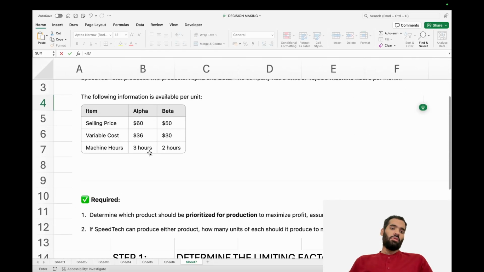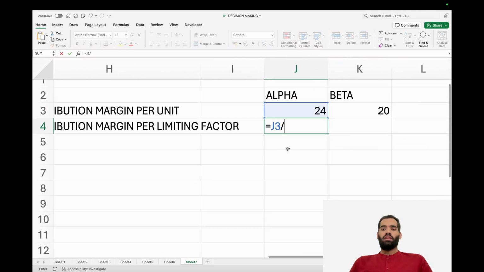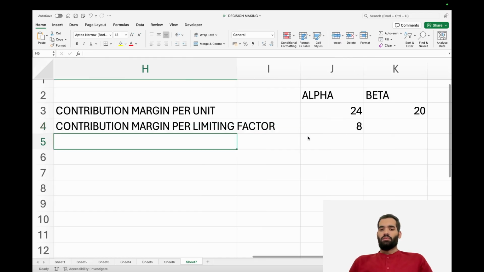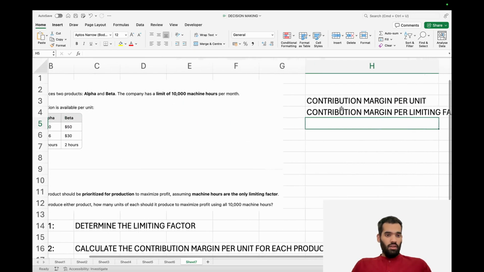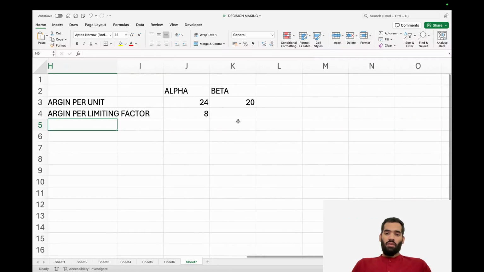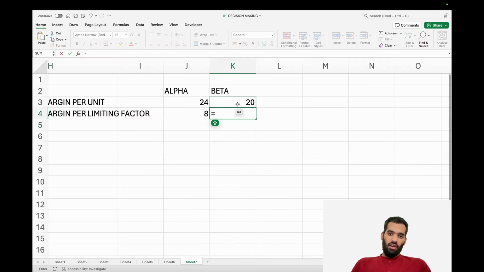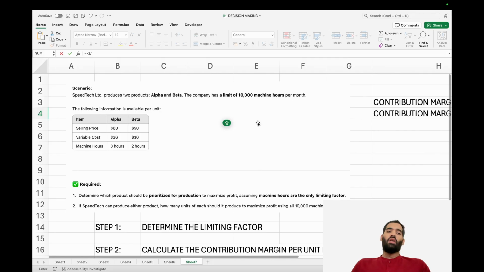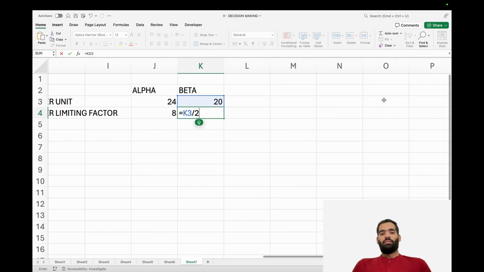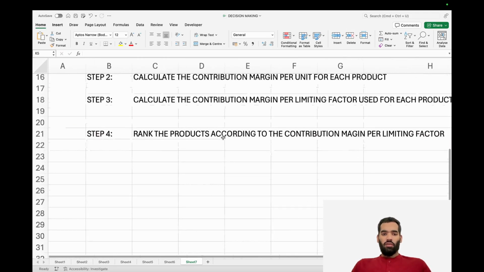For alpha, 3 hours, so we'll divide by 3. That means for every machine hour, alpha gives us a contribution margin of $8. Similarly with beta, we divide its contribution margin per unit by the limiting factor it uses per unit, which is 2 hours. So divide it by 2. Third step also finished.